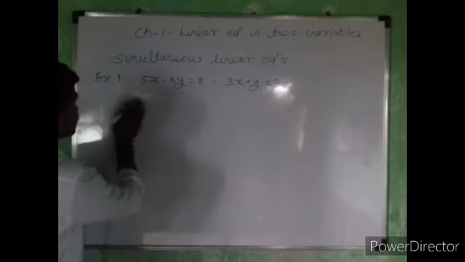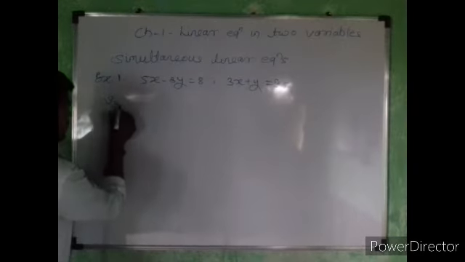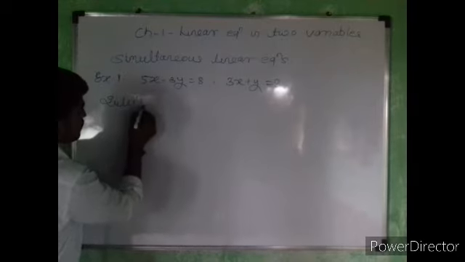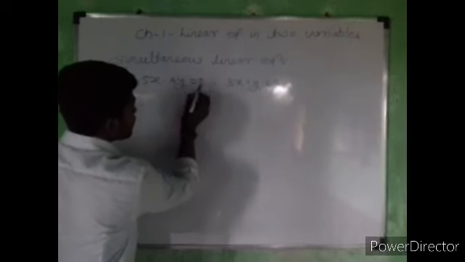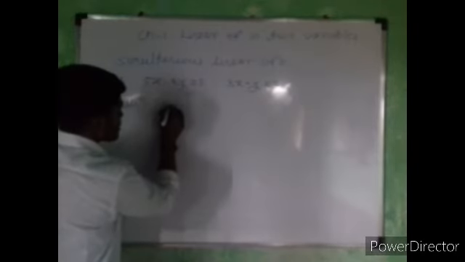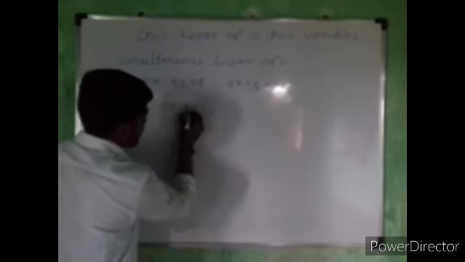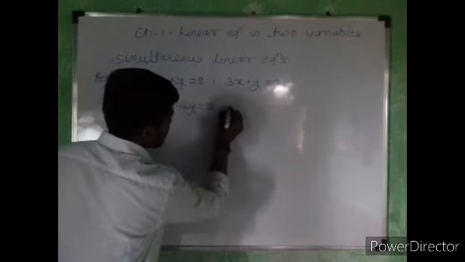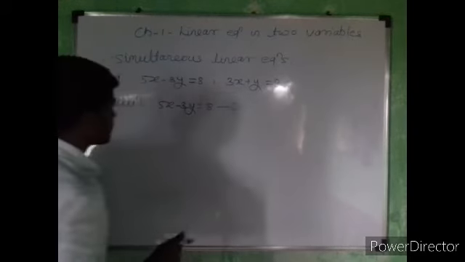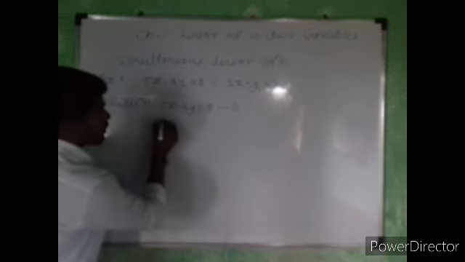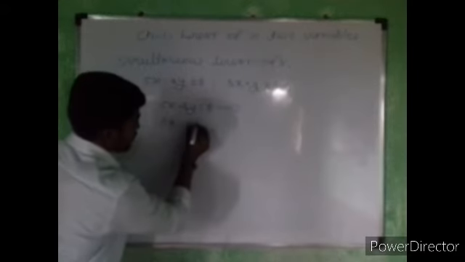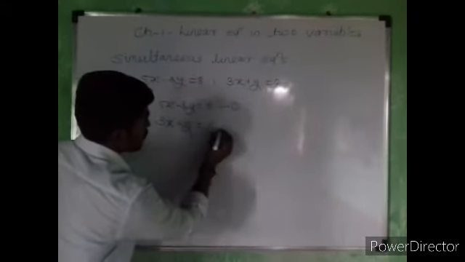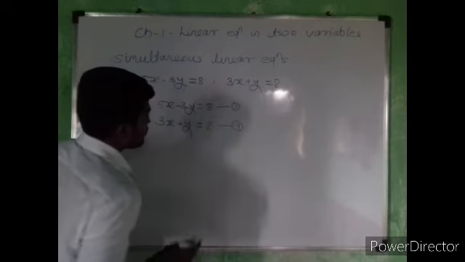So let us start. Here the solution. Firstly, we give the numbering. So 5x minus 3y is equal to 8, equation number 1, and 3x plus y is equal to 2, equation number 2.